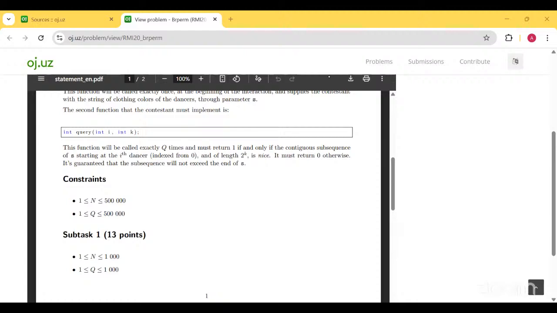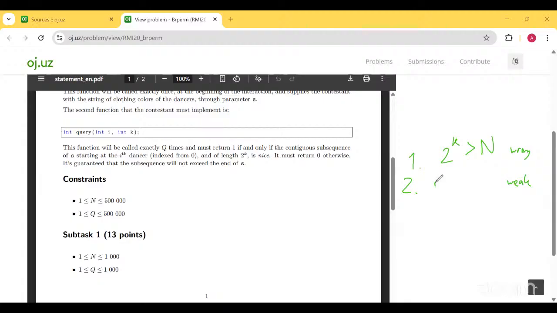So is there any other comments about this problem? Okay, so the concern is at first 2 to the power of k sometimes greater than n, right? It means it is wrong. And the test case is weak. It means some solution passes the test cases.